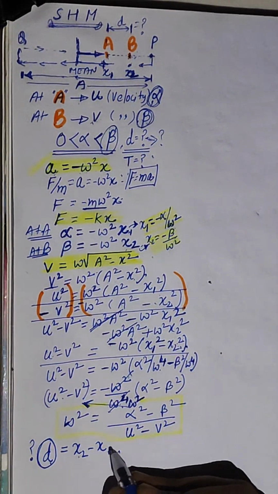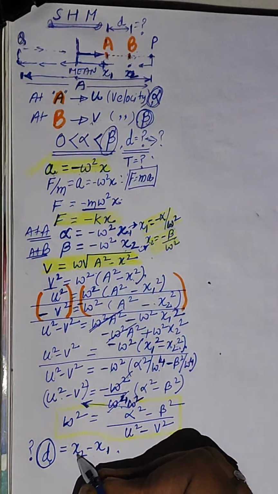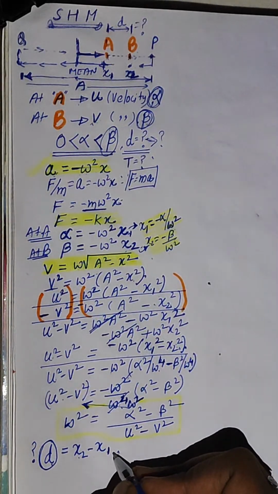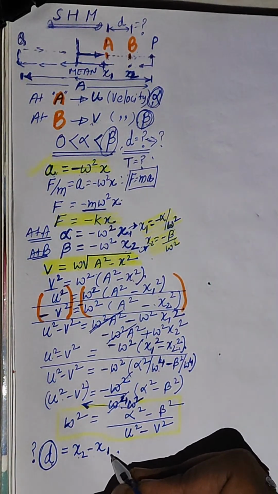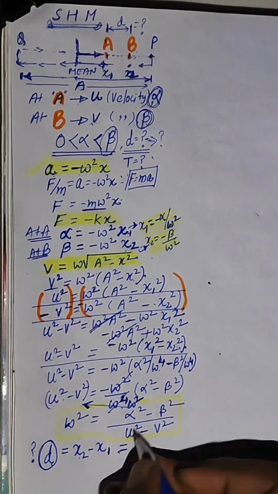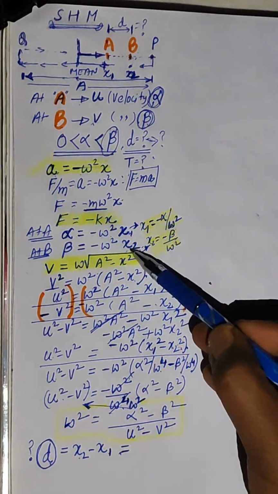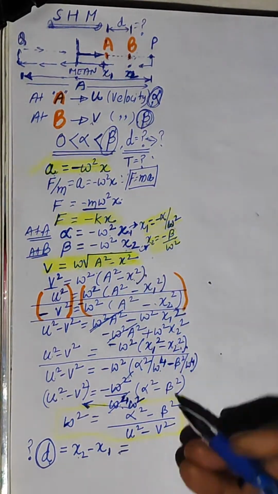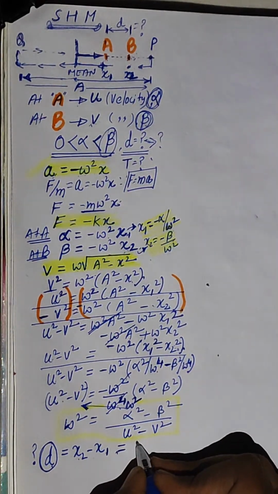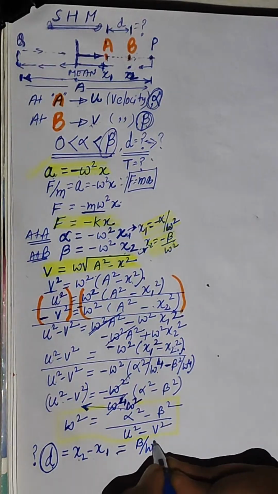So x2 minus x1. What is the value of x2 minus x1, my dear friends? x2 minus x1 can be written as, from here, beta by omega square.